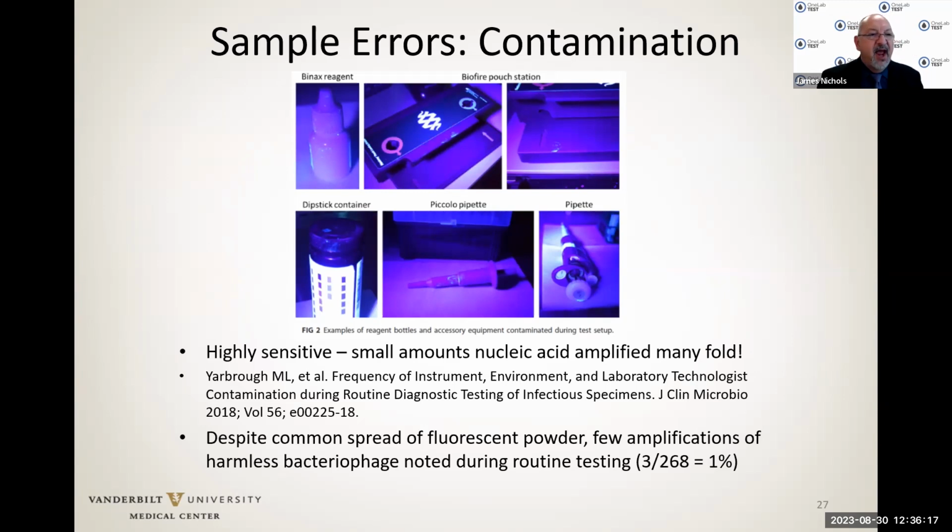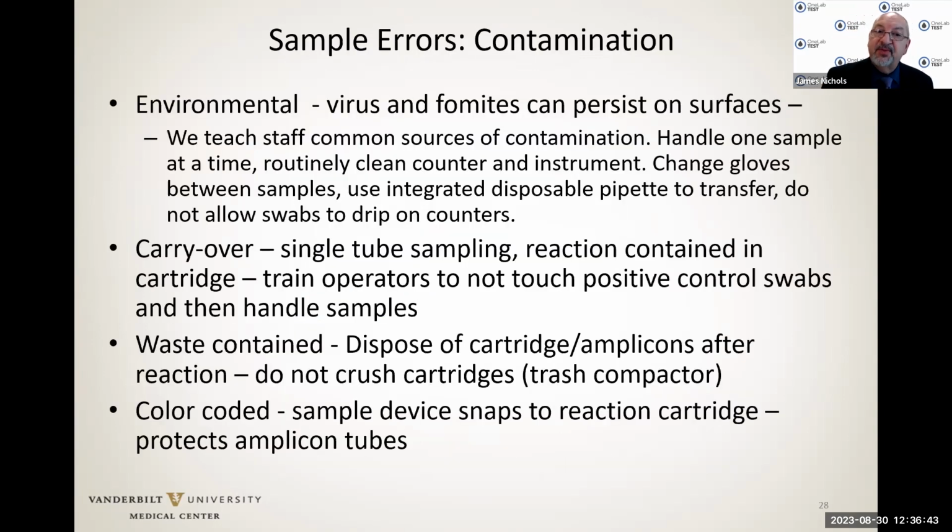And they asked how much of this is actually getting in and cross-contaminating between samples. You can see pipettes were contaminated, other types of surfaces, but despite spread of this fluorescent powder, they had very few amplifications, less than 1% cross-contamination or false positives.